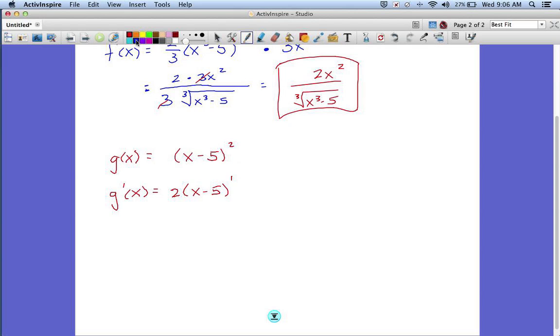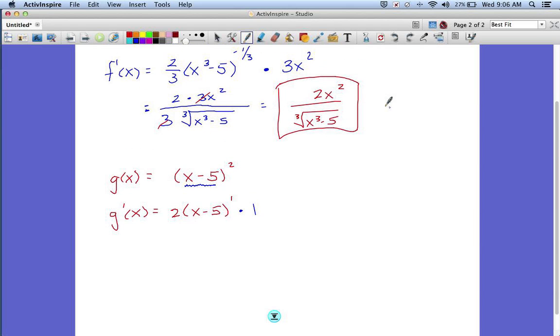But you actually did the chain rule without knowing it because the derivative of the inside is simply 1. So it is useful to understand why the chain rule is needed, why that times 2, or in this case that times 3x squared, makes a difference. You need to know the derivative of your inner function ahead of time. If that derivative is 1, it's not really a chain rule problem, but yet it is.